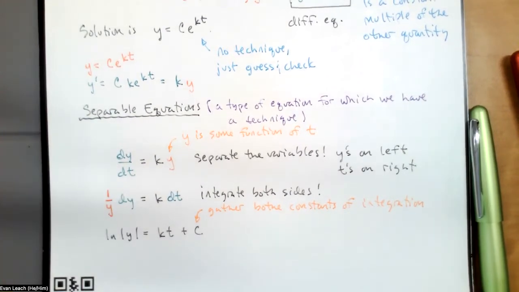The two constants are not necessarily the same, so I can't just say that they will cancel out. They are arbitrary constants. I had some natural log of y plus c1 on the left and kt plus c2 on the right. Let's move the c1 over to the c2 side.